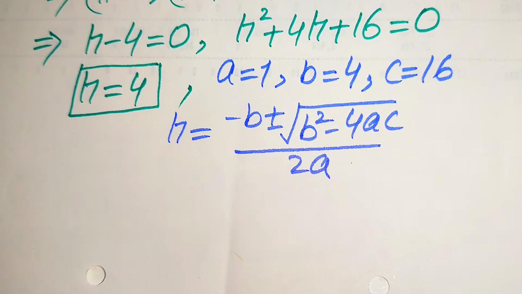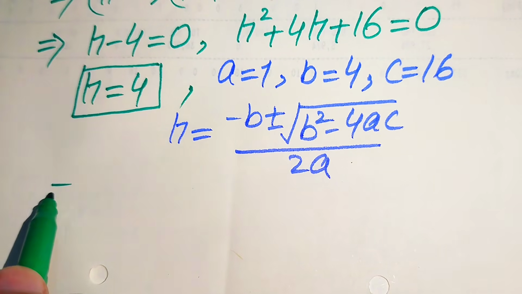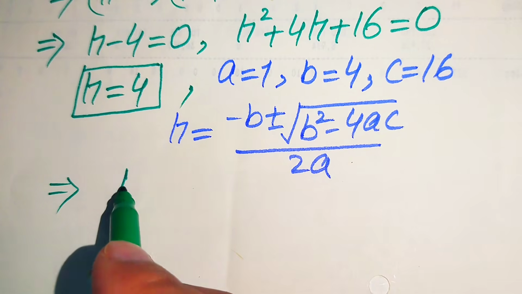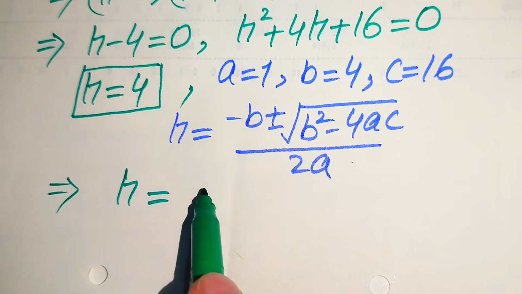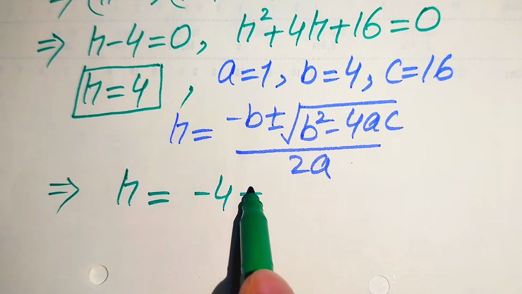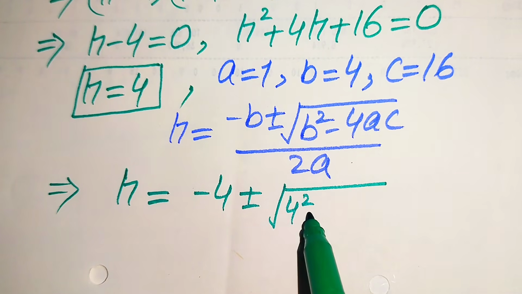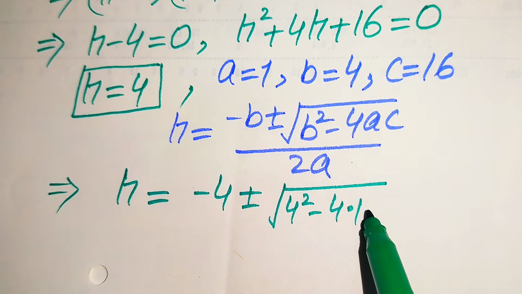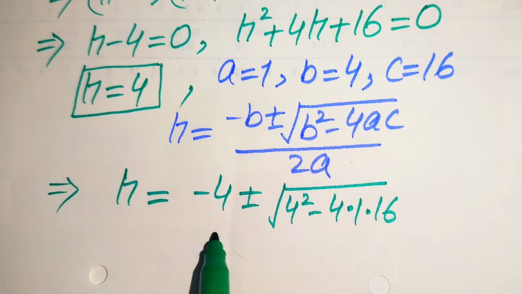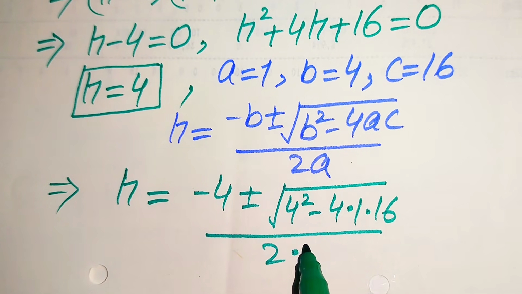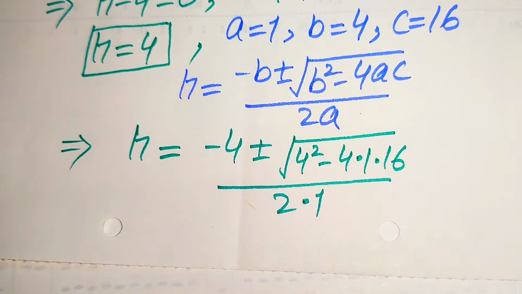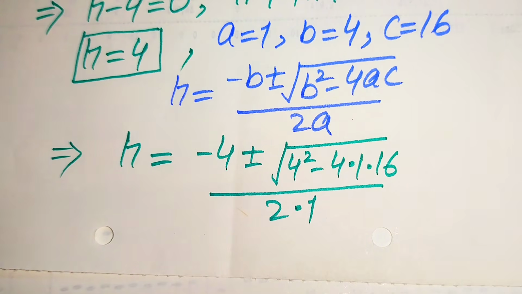This is our quadratic formula, and here we substitute all the values of a, b, and c in this formula, and it will be written as h is equal to minus b, the value of b is 4, so minus 4, plus or minus the square root of b squared, so 4 squared, minus 4 times a, which is 1, and c is 16, and it is divided by 2 times a, and here our a is also equal to 1.